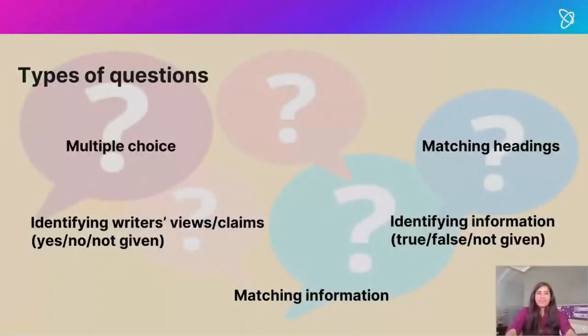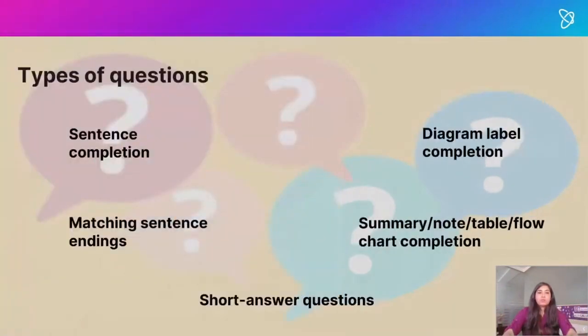The different types of questions that you could face are multiple choice, matching headings, identifying writers' views and claims by answering yes, no, or not given, matching information, identifying information by providing the answers true, false, or not given, sentence completion, diagram label completion, summary, note, table or flowchart completion, short answer questions, and matching sentence endings.